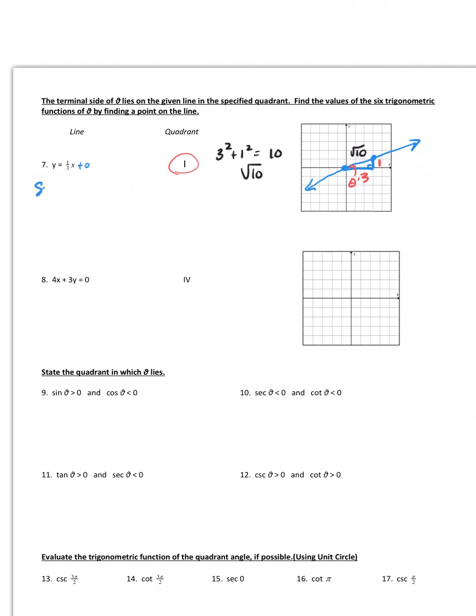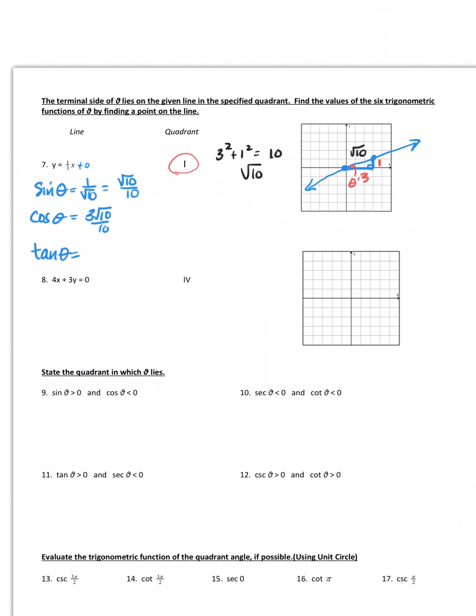So here we go. The sine of theta is opposite over hypotenuse. So when I rationalize that, I get the square root of 10 over 10. The cosine of theta is 3 over square root of 10, so that's going to be 3 square roots of 10 over 10. I'm just skipping the rationalization, I'm doing it in my head.